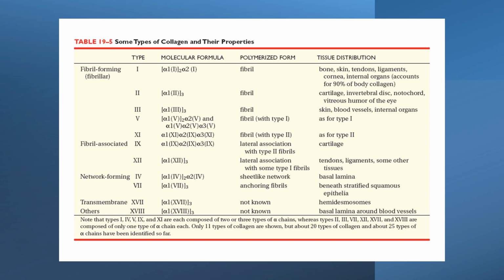The helix is around 300 nanometers in length and 1.5 nanometers in diameter, with a screw pitch of 0.27 nanometers. The tropocollagen molecules are arranged in a quarter-staggered array with a 26.5 nanometer overlap and a 37.5 nanometer gap between each end of the molecule.